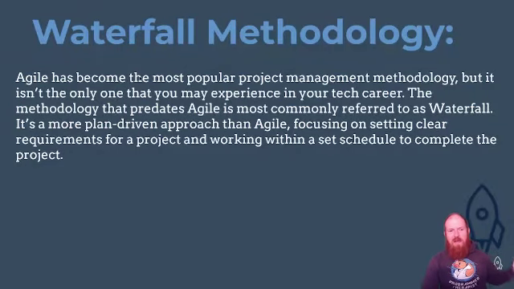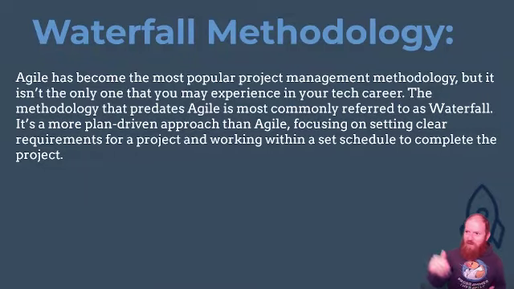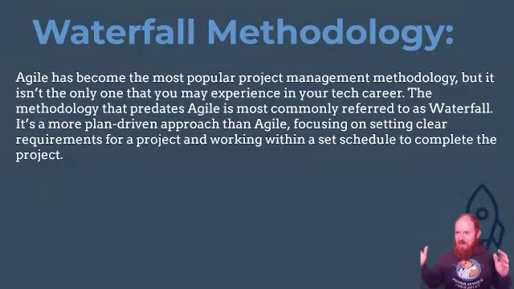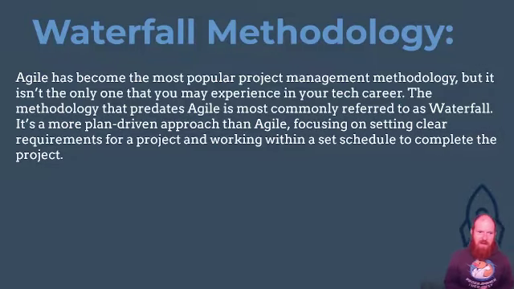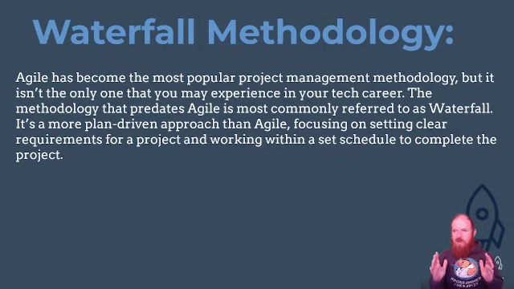So the waterfall method. Can you ever take water that has fallen off the cliff into the water and push it back up the cliff? No, a waterfall goes one way. That's one of the things. It's going one way. There's no circular motion. It's just all one way. So that's one of the analogies I use explaining the waterfall: once you start a project, you just continue on with that.